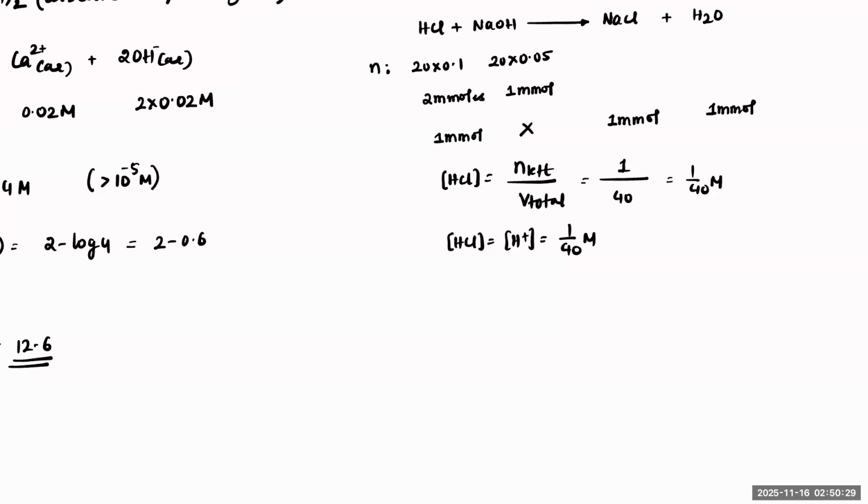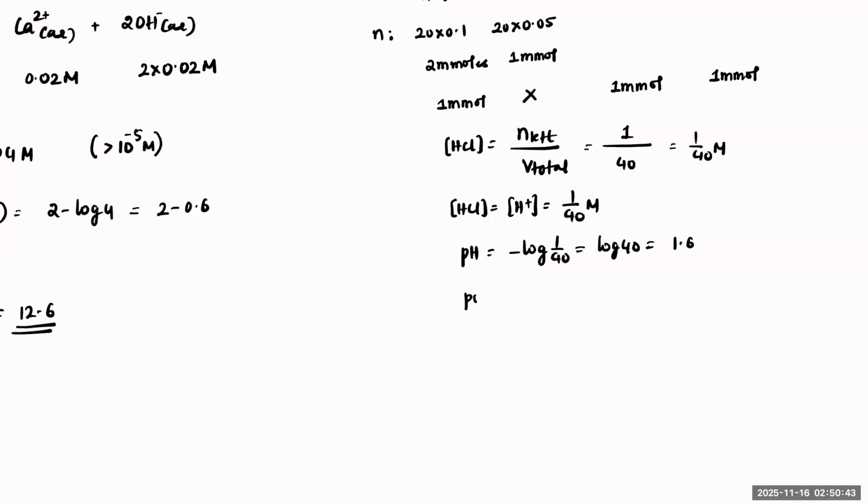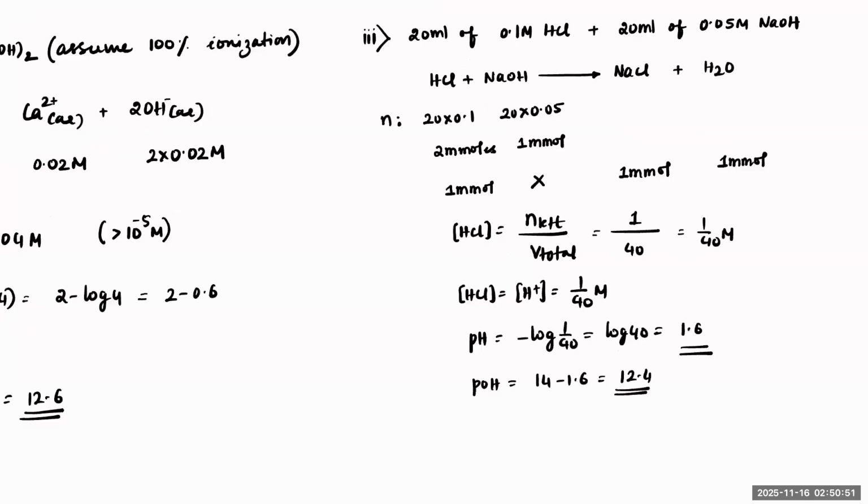So pH will be equal to minus log of 1 by 40, or log of 40, which is 1.6, correct? So pOH will be equal to 14 minus 1.6, which is 12.4. So these are the values of pH and pOH for the solution.